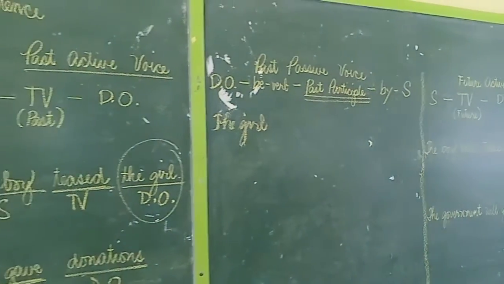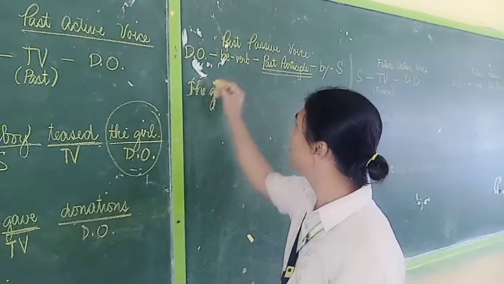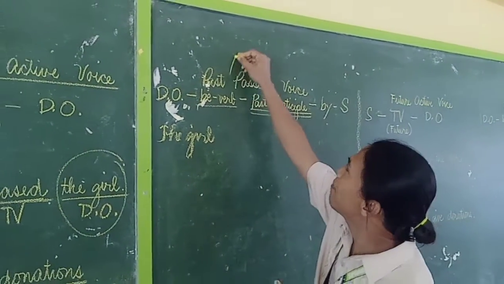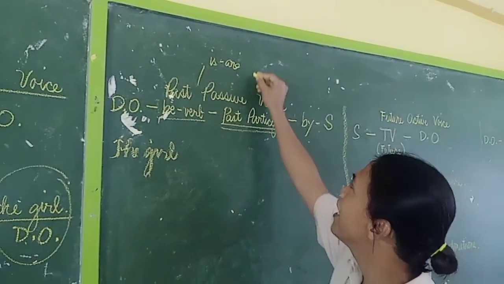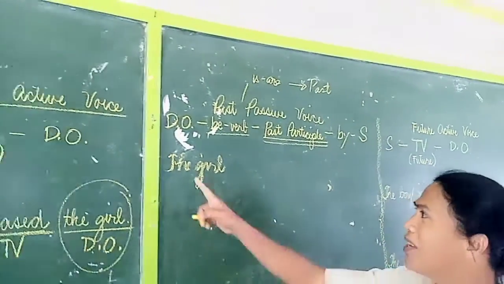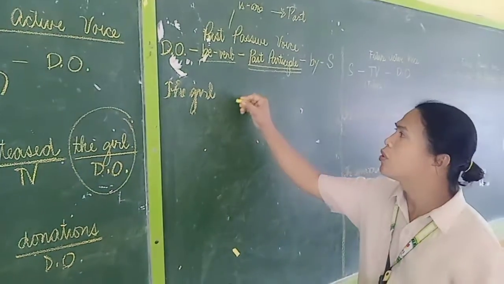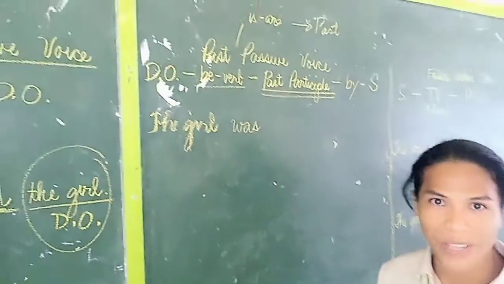Okay. Next, we have the be verb. The be verb in the present is is or are. So, you have to make it past tense. The girl is singular, so what is the past tense of is? Was.